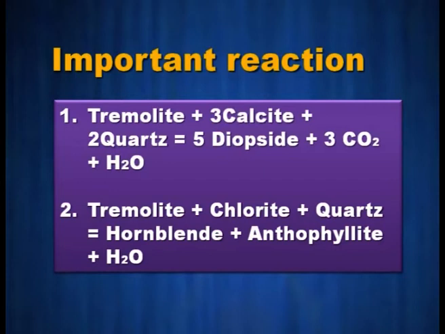Important reactions. Reaction 1: tremolite plus 3 calcite plus 2 quartz give rise to 5 diopside plus 3 CO2 plus water. Reaction 2: tremolite plus chlorite plus quartz give rise to hornblende plus anthophyllite plus water. There is no major change in assemblages of mafic/basic rocks.